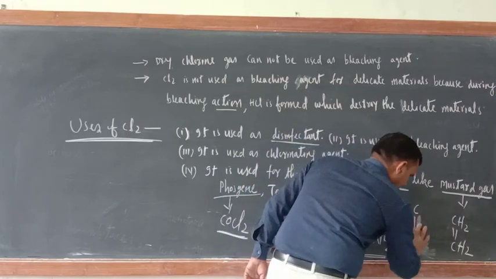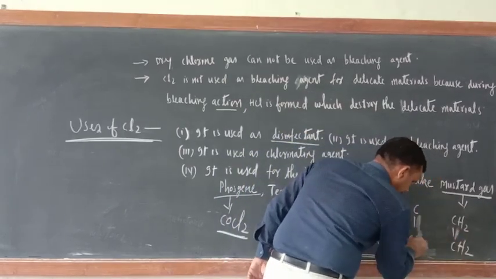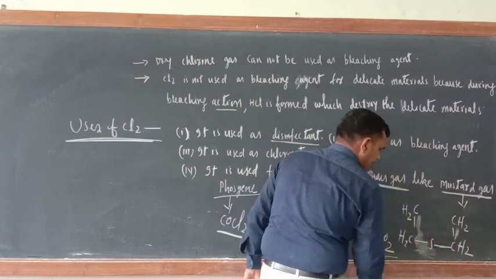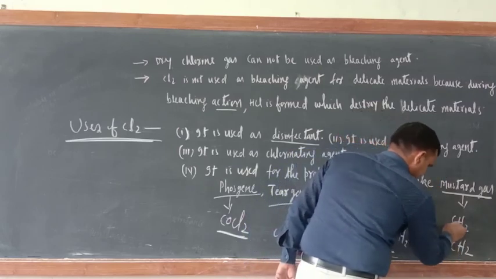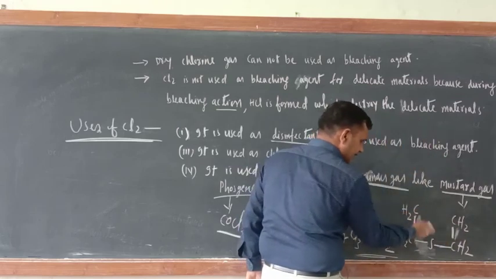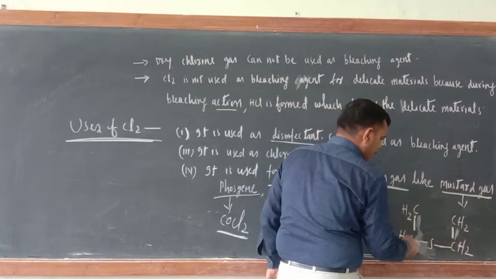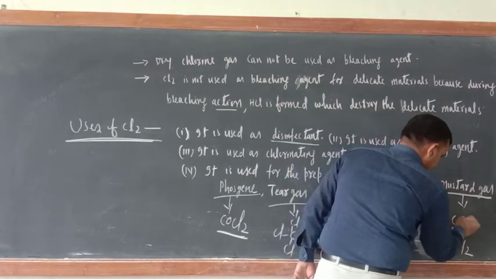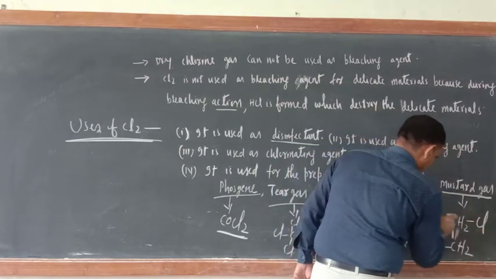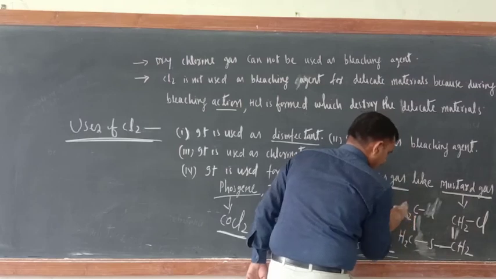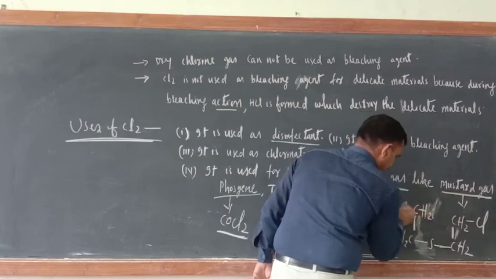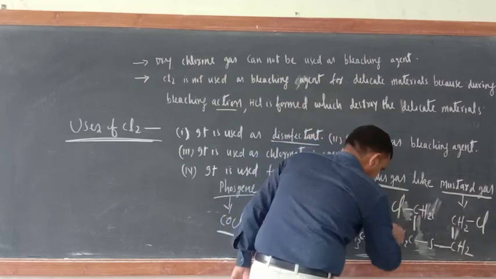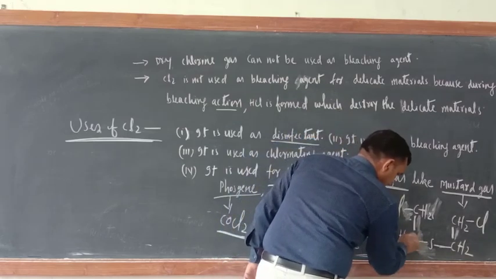Break the double bonds on both sides. Now put sulfur in between. Here one valency of each carbon is still to be fulfilled, so put Cl on this side and this side also. Write down here CH2 and here Cl. Okay, this is mustard gas.